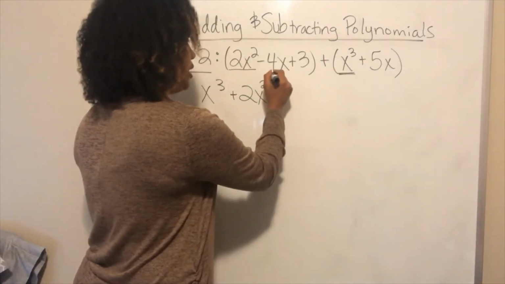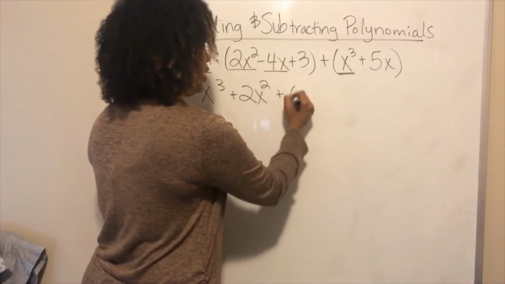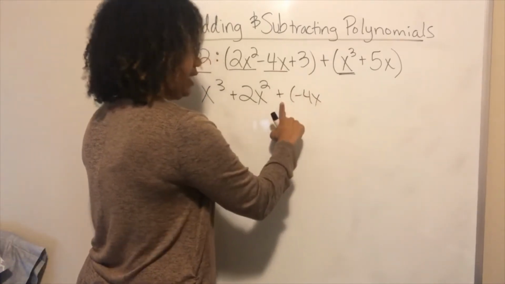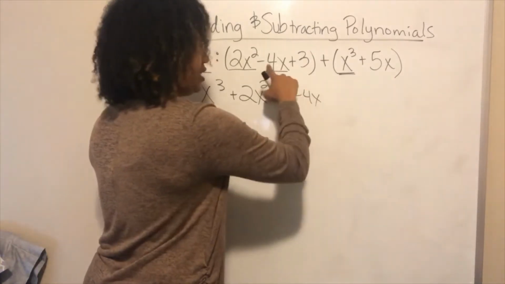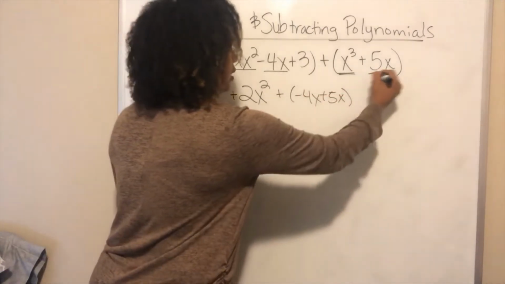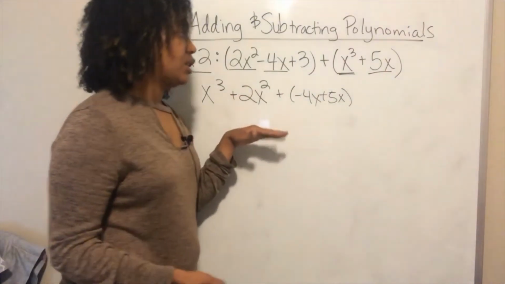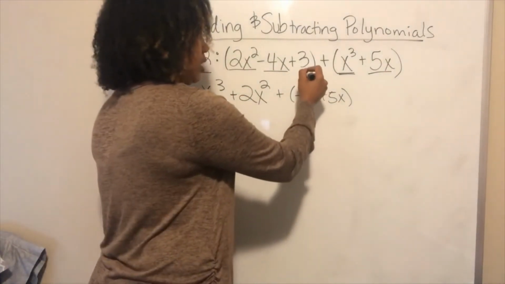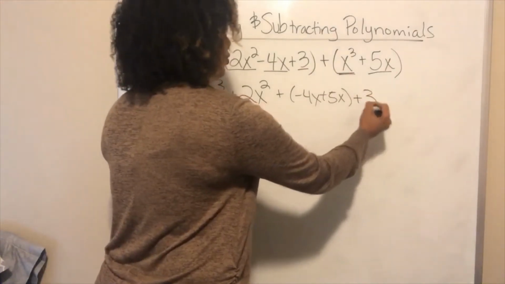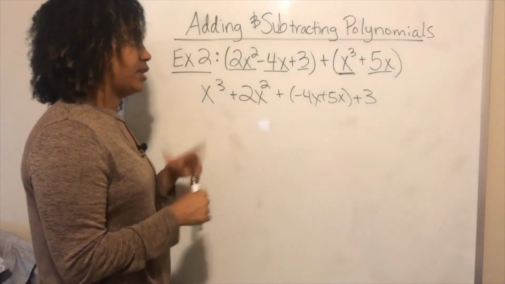So the terms with the exponent of 1 would be this minus 4x. Because I'm adding, I put a plus sign, but this minus stays in front of this 4. And this positive 5x. Those are like terms, so those will need to be combined. And then the next term would be any constant term or any number by itself, which is the plus 3. That's the only term I have that is a number.